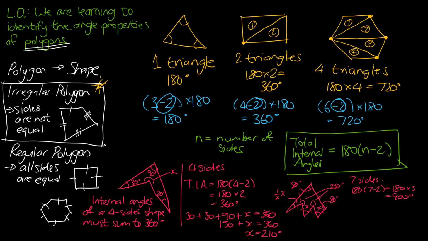So we are going to put in all the numbers we know. We know that 80, which was this angle here, plus another 80, which is over here, plus 250, plus 250, those were those two angles there. And if we add 1/2 of x plus x plus x, that must combine to get 900 degrees. We are running out of room, but we'll carry on with this.